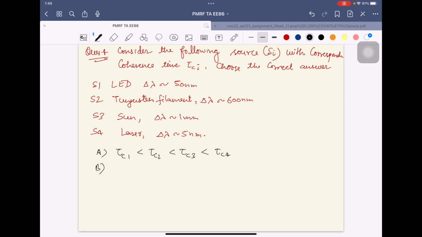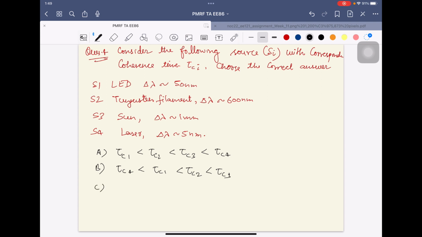The second is tau c4 is less than tau c1 is less than tau c2 is less than tau c3.